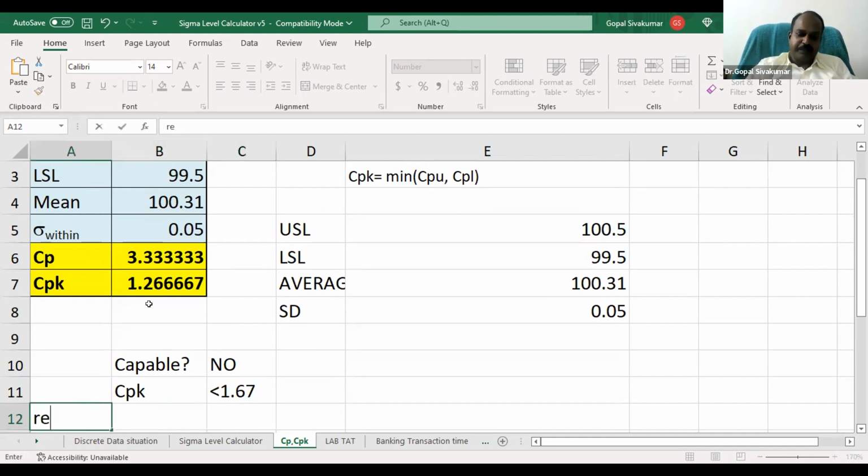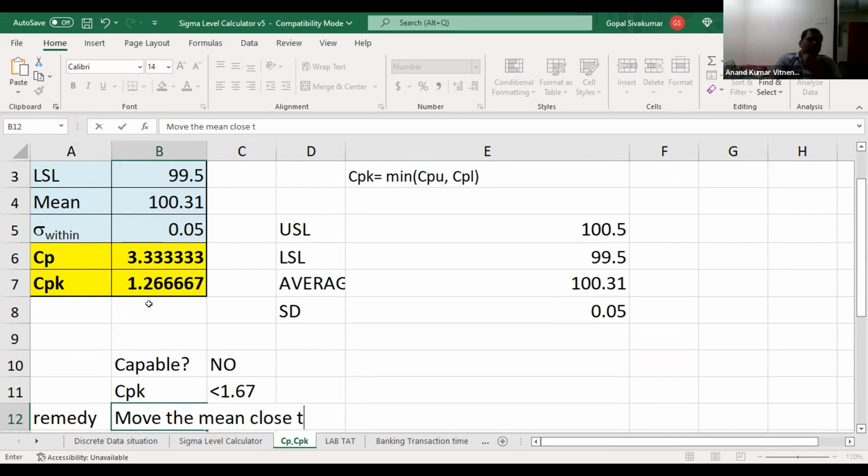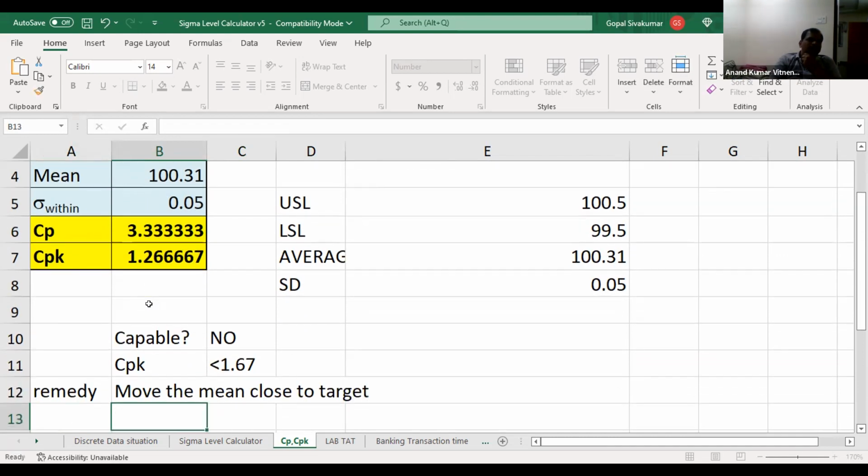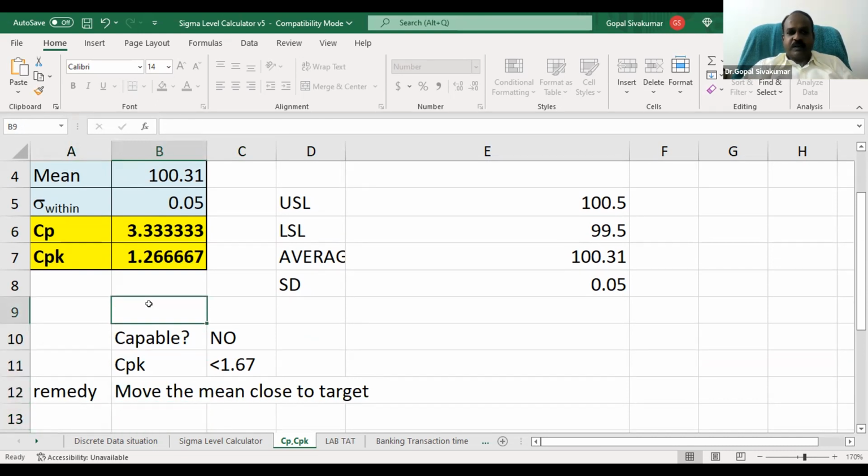Now what is the remedy? Move the mean close to the target. And the variation, do you want to do something with it? Since CP is 3.33, which is more than 1.67, variation is under full control.